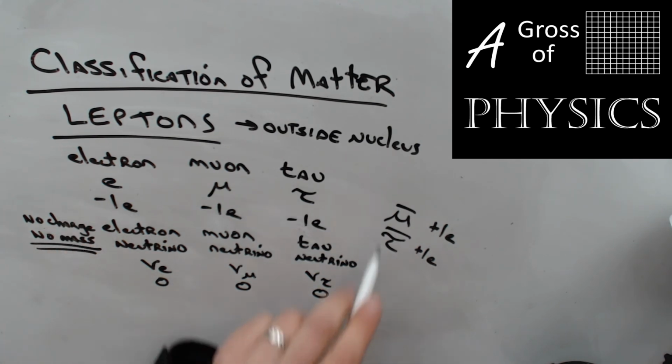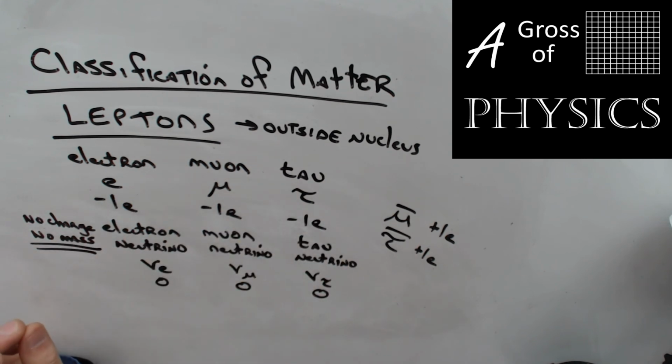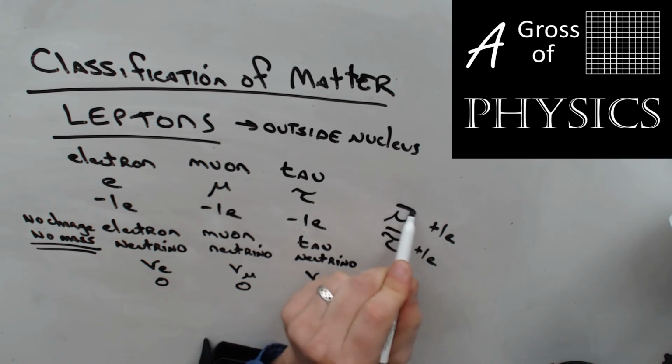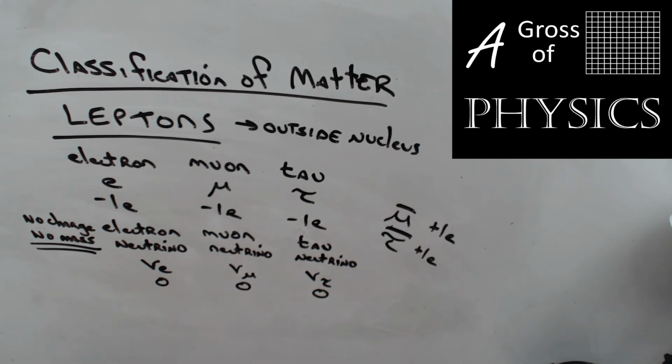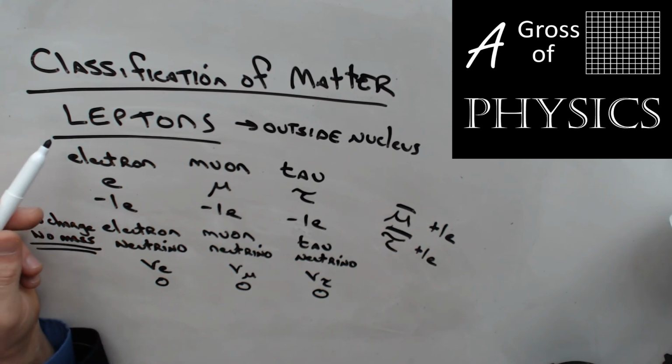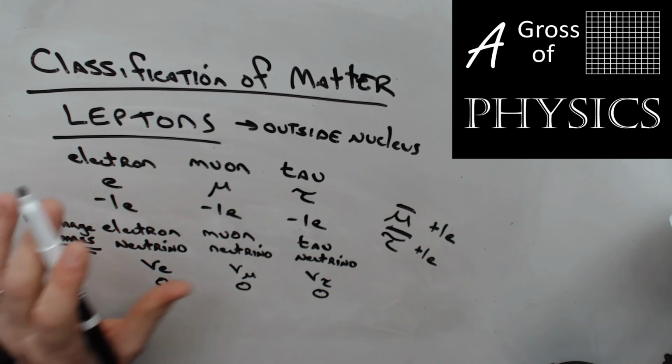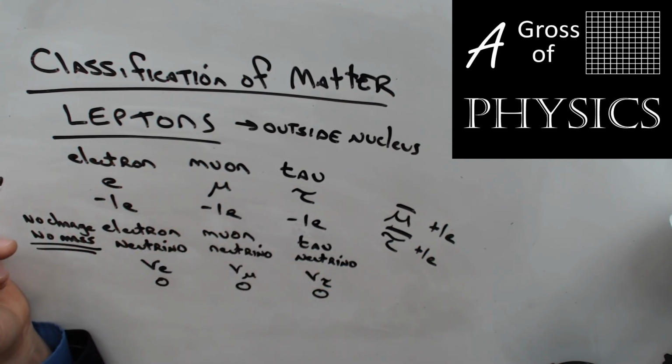But this is our chart for leptons, and you need to realize that they're not affected by the nuclear forces. If we have a bar over a symbol, it means take the charge and negate it. So a negative becomes a positive, and a positive becomes a negative. With the quarks and the leptons and the classification of matter charts, that rounds out our modern physics discussion.